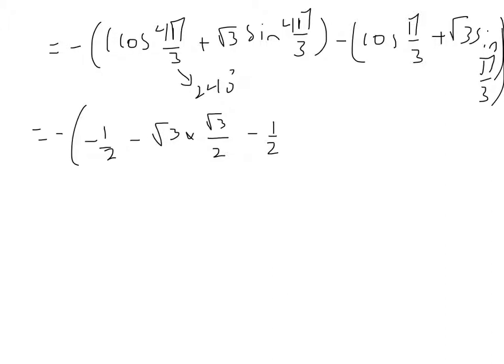Cosine 60 is a half. Watch out for the signs, the negative and then positive becomes negative, so that's the square root 3 times square root 3 over 2.